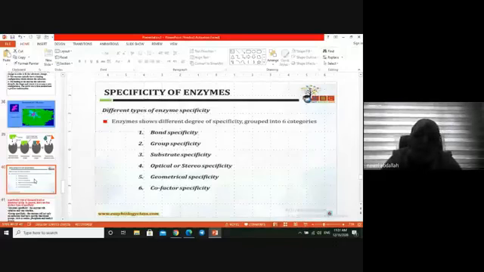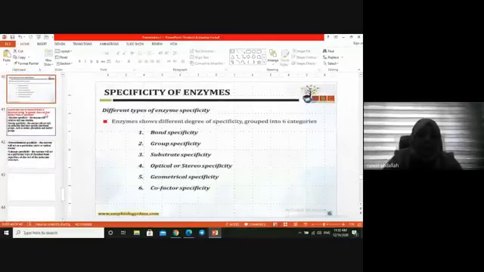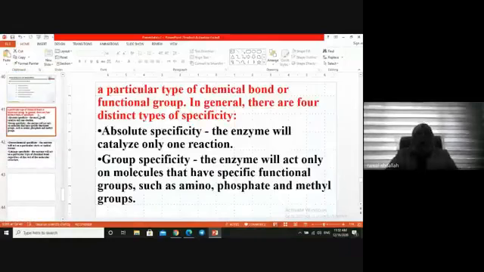Geometrical specificity and cofactor specificity, if they have a specific geometrical shape or specific cofactors. A particular type of chemical bond or functional group.